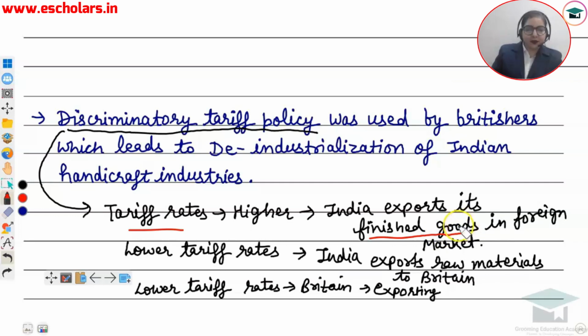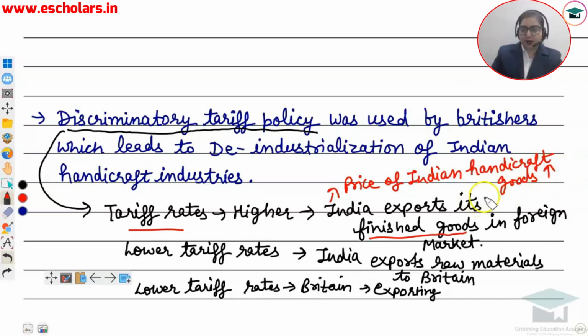It was done by the Britishers so that the price of Indian handicraft goods increases in the foreign market, which will ultimately lead to decline in demand of Indian handicraft goods in the foreign market.